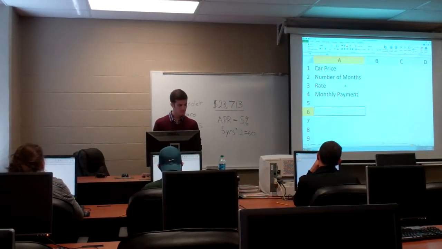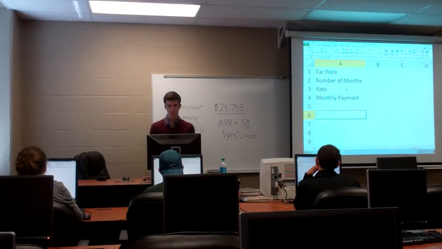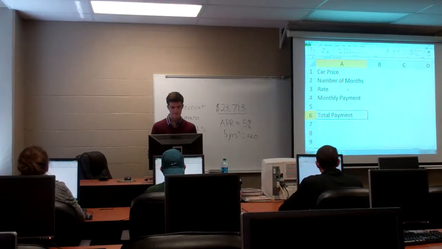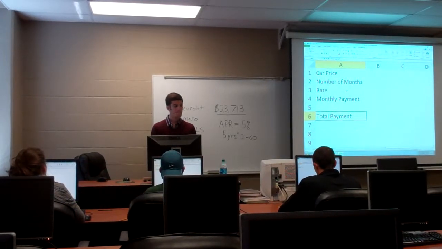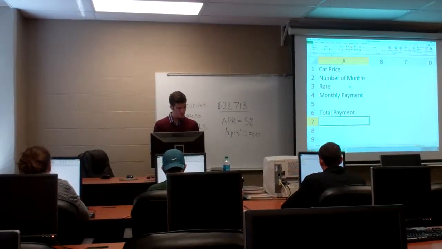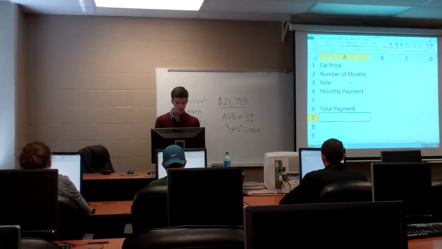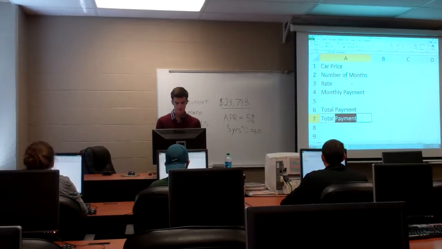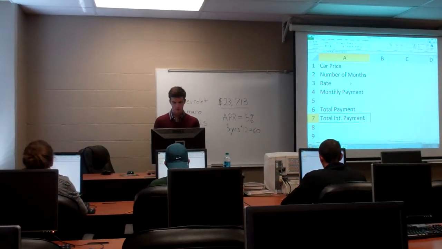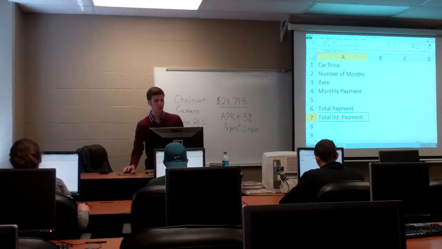But go ahead and skip down to cell A6. We'll enter in total payment. In cell A7, we're going to put in total interest payment. We know how much interest we're paying.